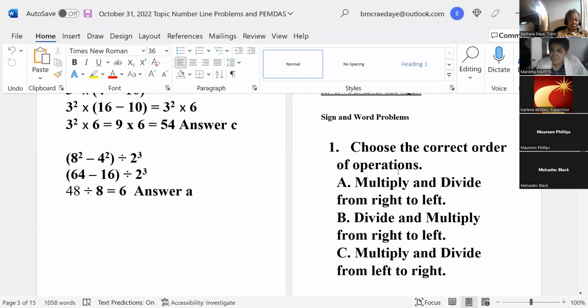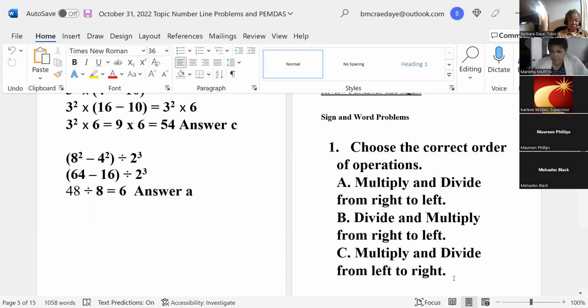Choose the correct order of operations. Now you got 3 choices. Which one is correct? I just gave you a rule that overrides the strict order of PEMDAS.